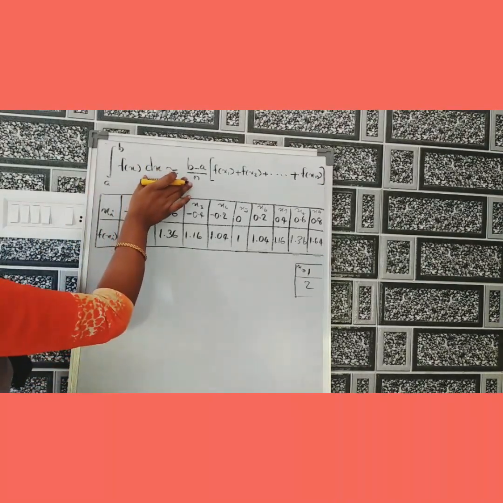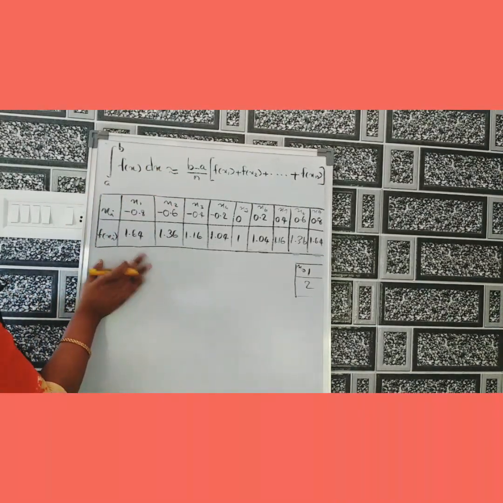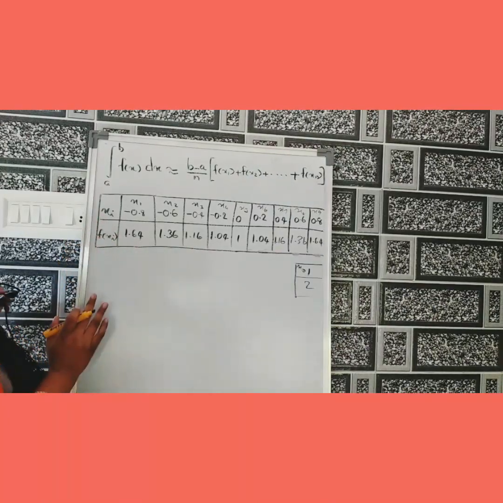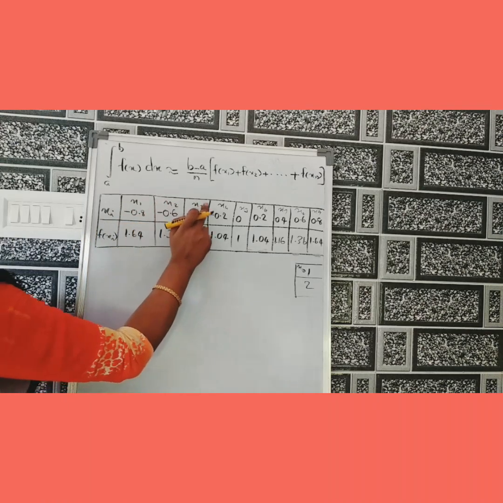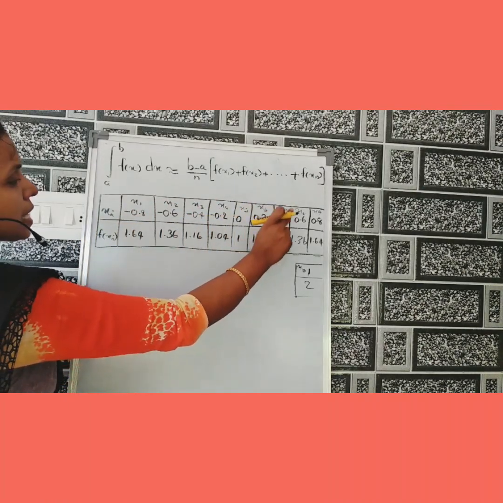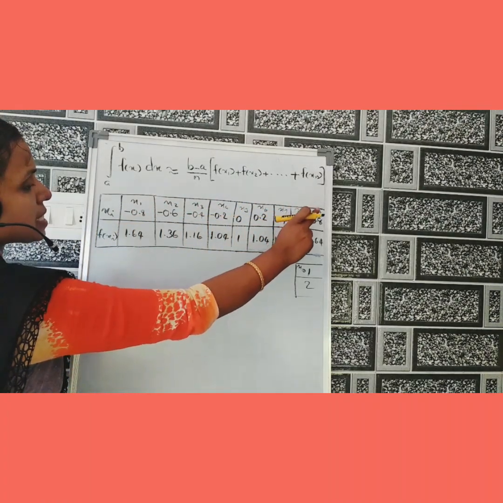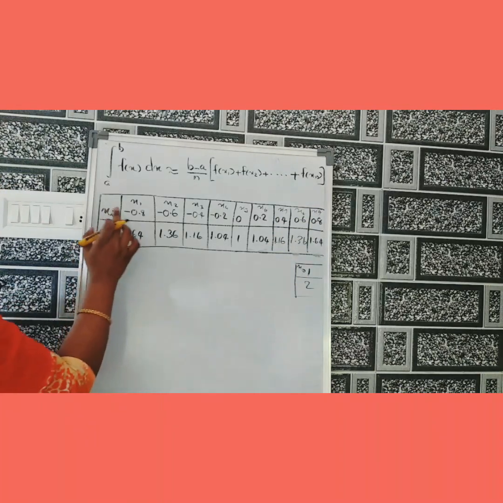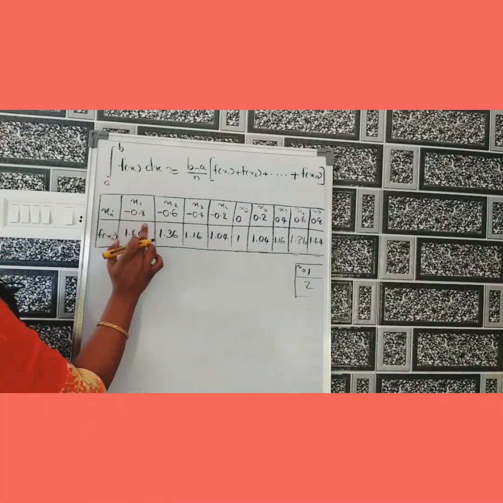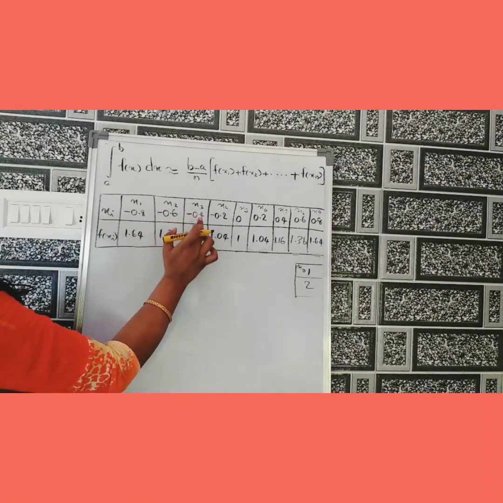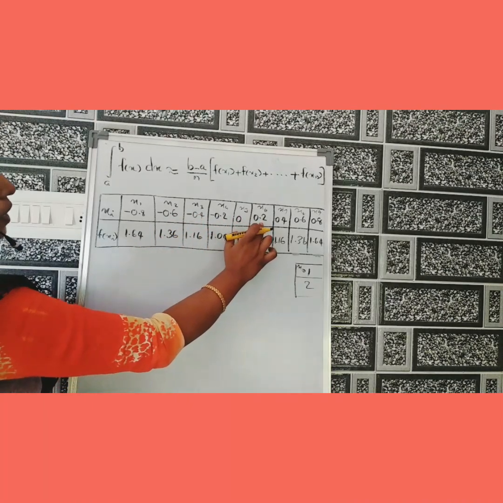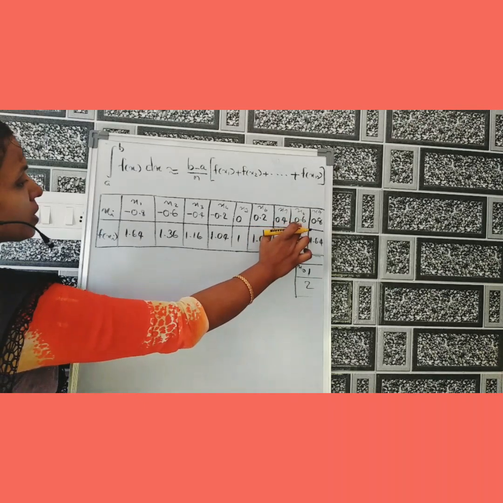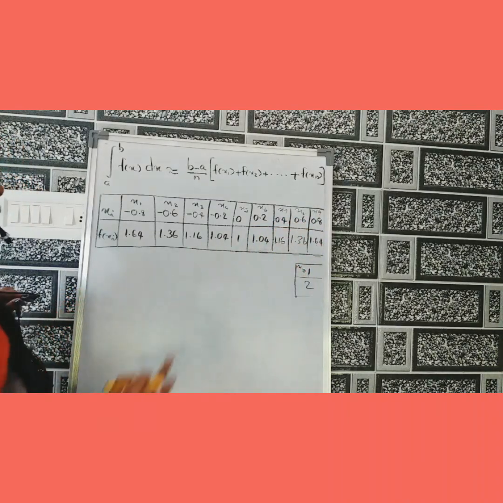For calculating this we use a table that consists of xi and f of xi rows. Xi means x1, x2, x3 up to x10: negative 0.8, negative 0.6, negative 0.4, negative 0.2, 0, 0.2, 0.4, 0.6, 0.8 and 1.